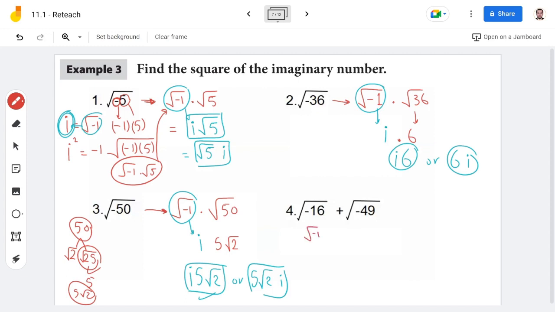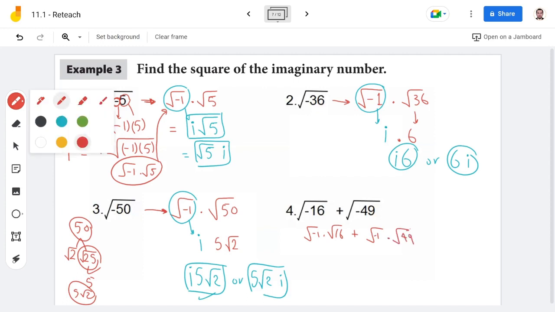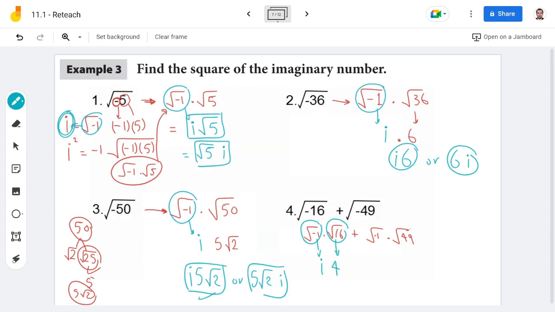So it will be the square root of negative 1 times the square root of 16, plus. Here, split the square root: the square root of negative 1 times the square root of 49. Now, we know that this part is equal to i. This part, what's the square root of 16? It's 4. So 4i plus. This part is equal to i.